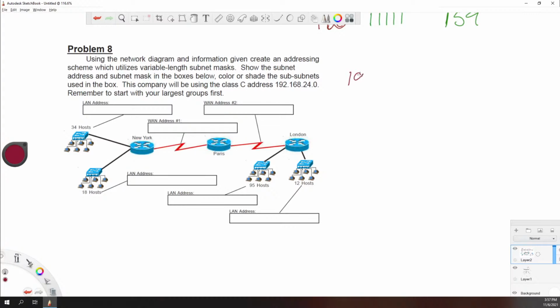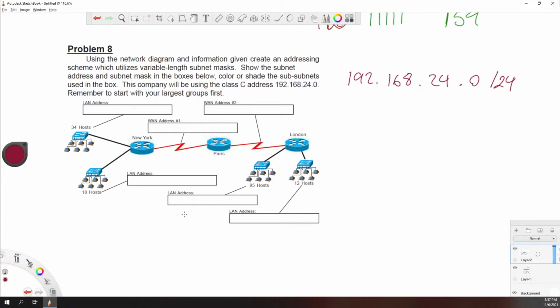Something like 192.168.24.0, and it says it's a class C address, so we can deduce from that it's going to be classful. So we're given a /24 to work with.